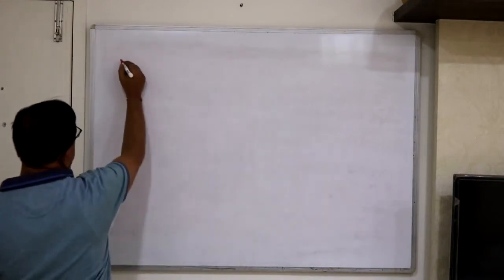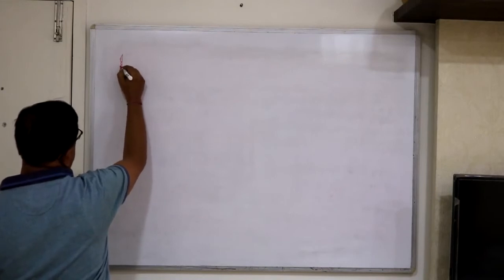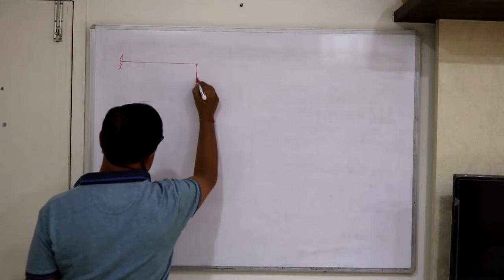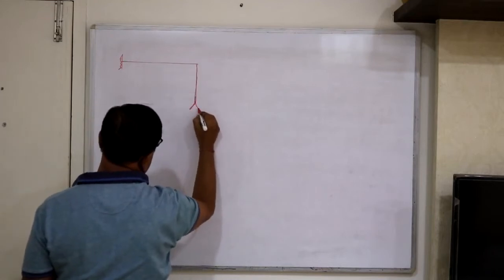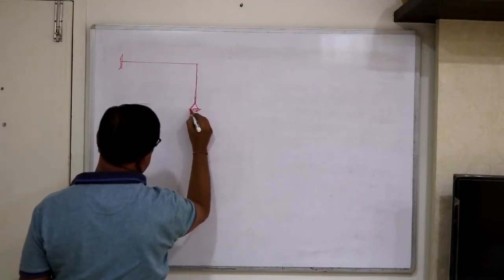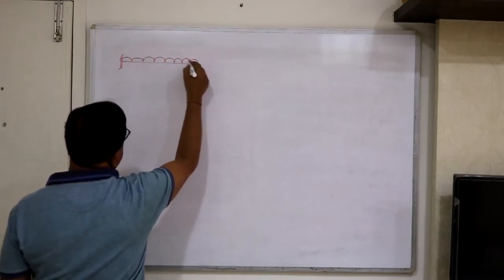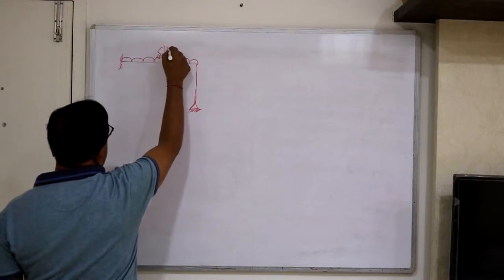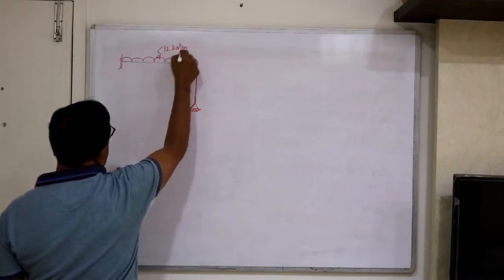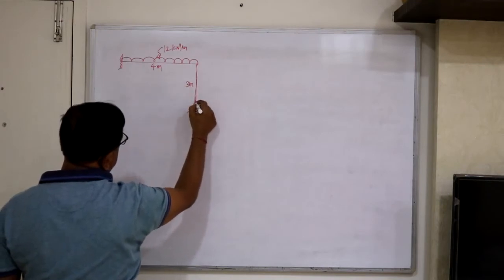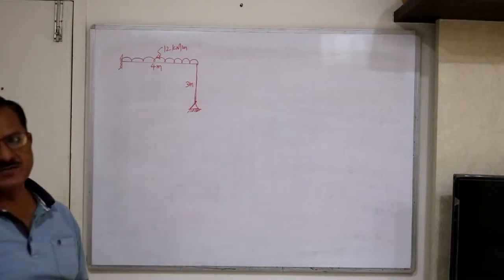Suppose hinge shear and it carries a UDL, say 12 kilonewton per meter, this is 4 meter, say this is 3 meter. So this is the problem.